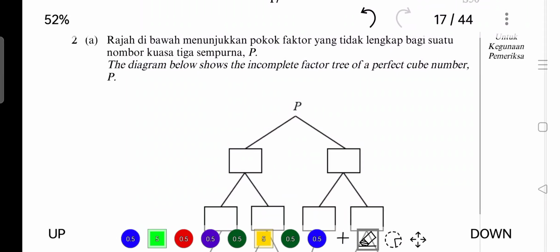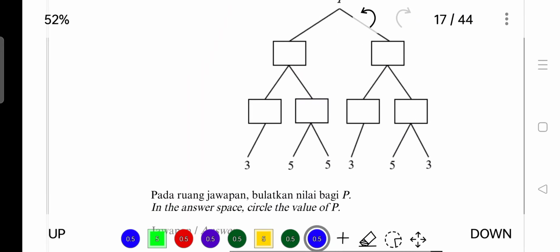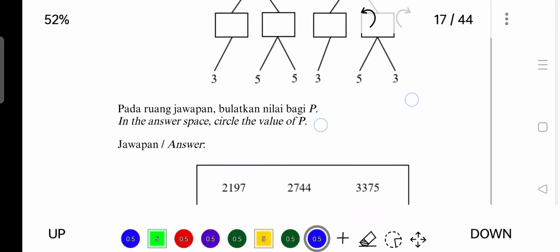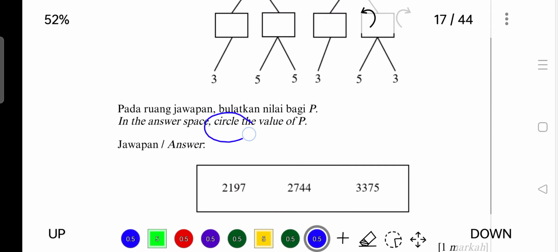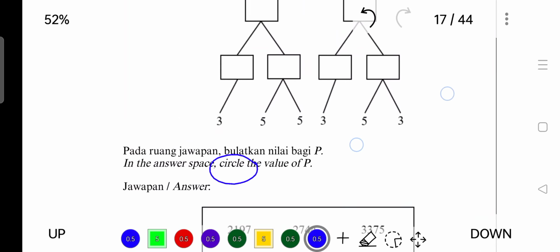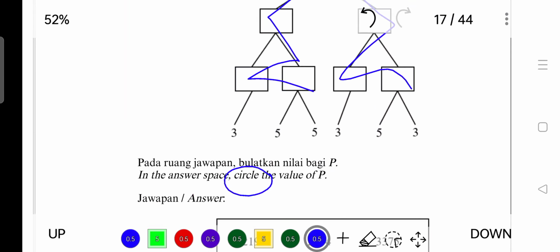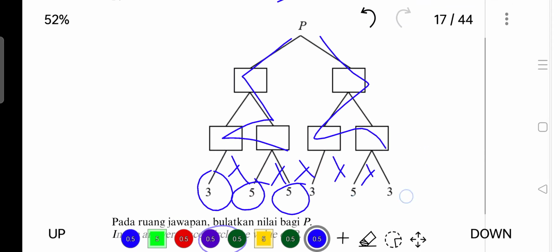The diagram below shows the incomplete factor tree of a perfect cube number P. We don't know what is P, but we are going to write it down. They ask us to circle the value of P. After being broken down, the last digits, if we multiply to each other, will definitely give us this big number.